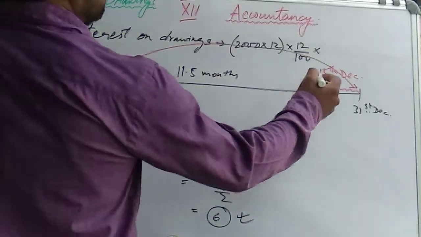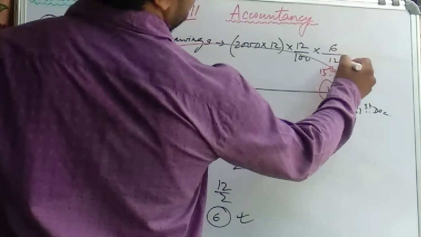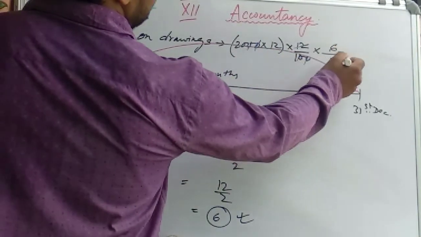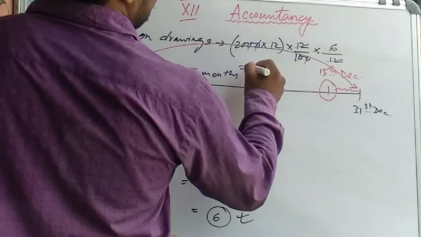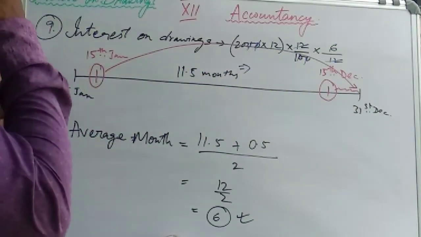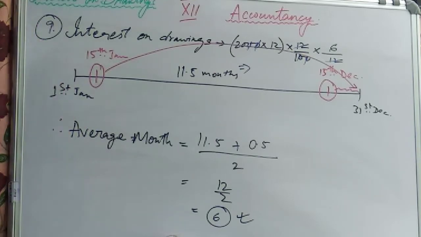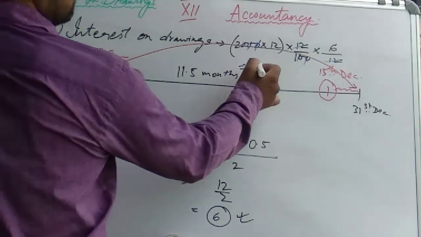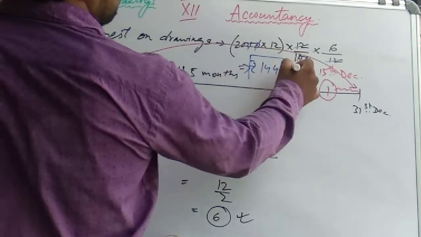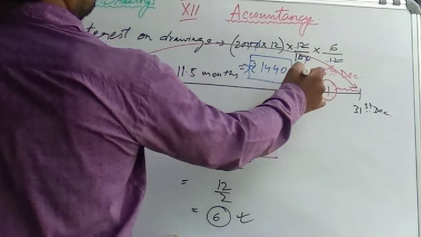So we will multiply here 6 by 12. What is the outcome? 2000 into 12% multiplied by 6. So the answer is 1440 rupees. This is the interest on drawings.